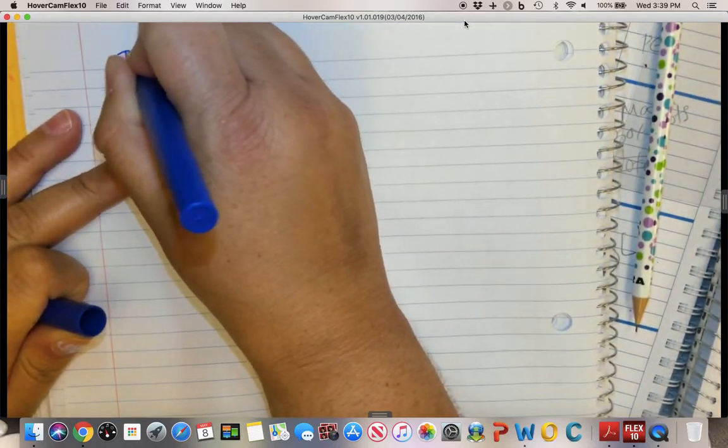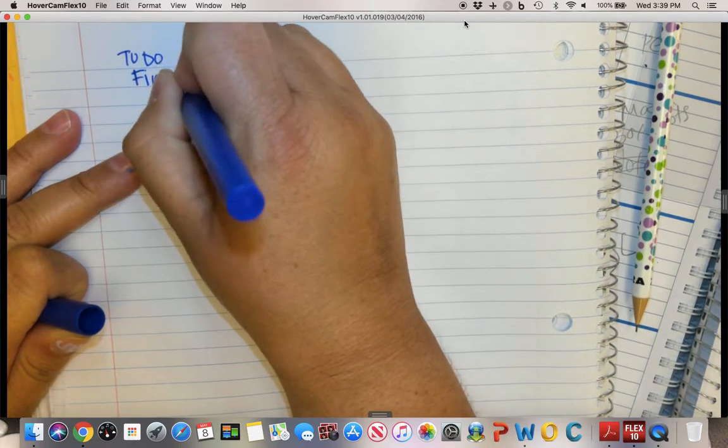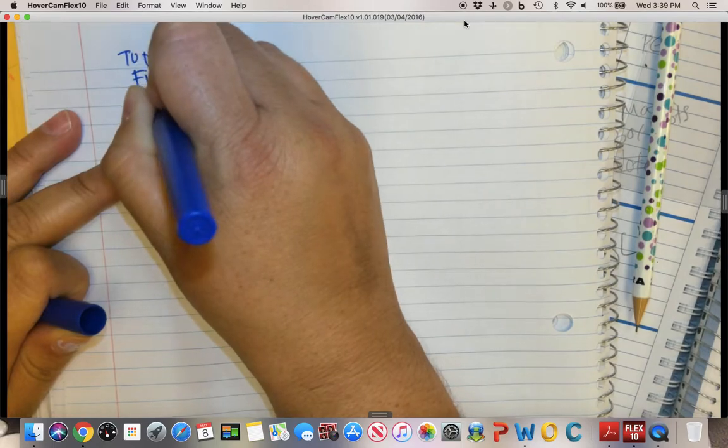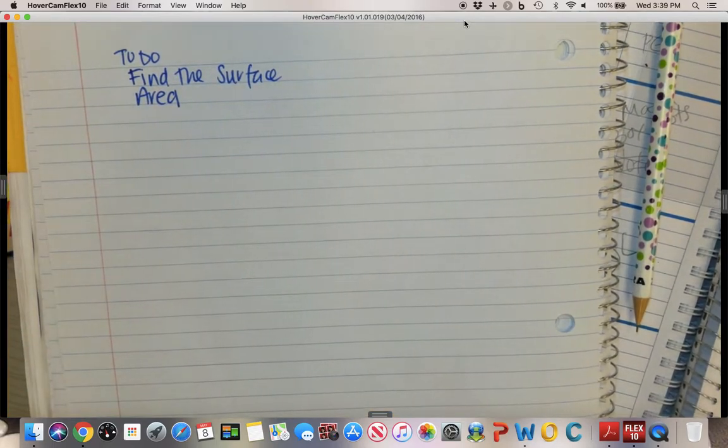Here's your to-do. Find the surface area.